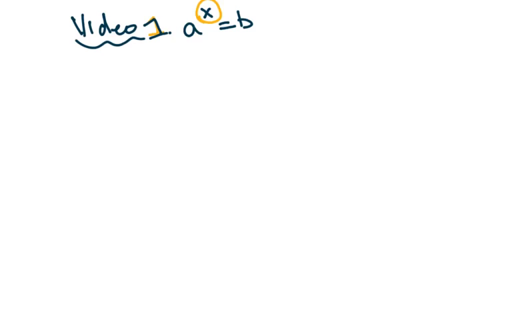So now in video 2, which is today, instead of our x being in the exponent, our x is actually going to be our base. So our base is going to be raised to some number, and of course that's going to equal some other number. So now our goal is to figure out what that number is.